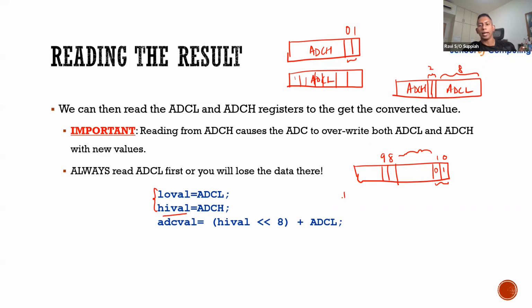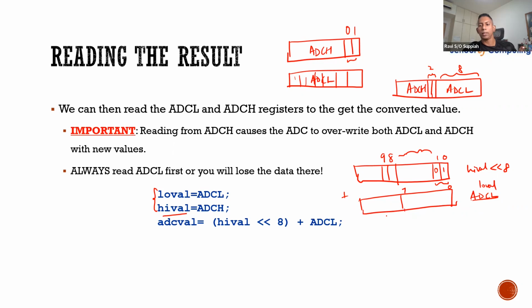All right, and when I do an addition, this will be the high value shifted left by 8, and I add the ADCL, or the low value. In this case, I will read from the low value, and the answers are in bit positions 7 to 0.